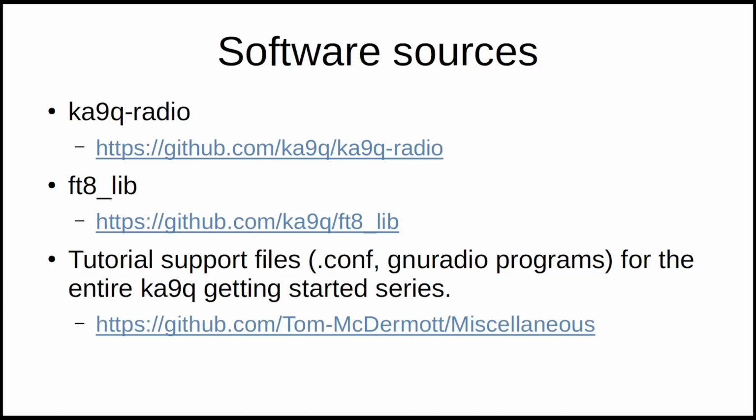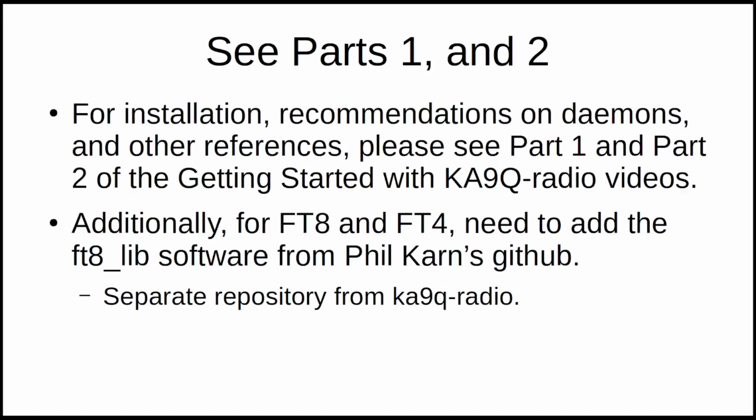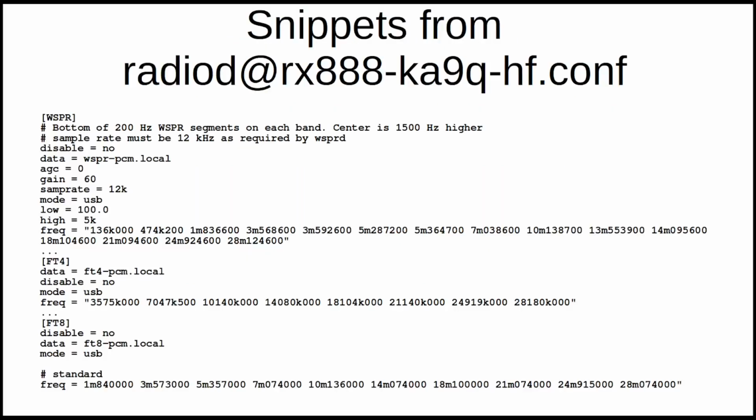The tutorial support files are located on my GitHub, tom-mcdermott/miscellaneous. Parts 1 and 2 go into installation and recommendation and other references. You may wish to refer to those if you haven't seen them. And additionally, for FT8 and FT4, we have to clone the FT8 library, then do a make and a sudo make install from Phil's separate repository.